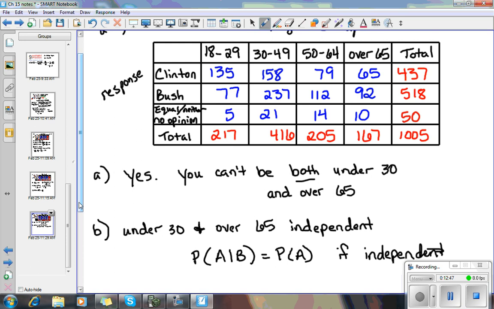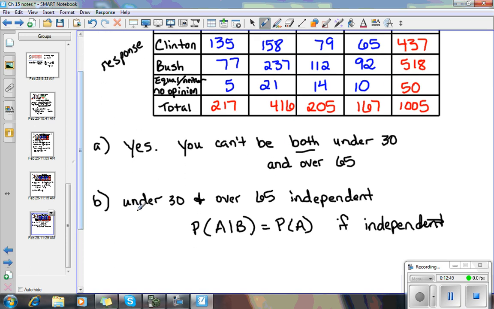So now I'm saying, when I ask this question about independence, if you're given that the person chosen was over 65, now the probability of them being under 30 drops to 0. It's no longer going to be 217 out of 1,005. So because of that, they are not independent because the probability changed. This does not hold true. So these two events are not independent.